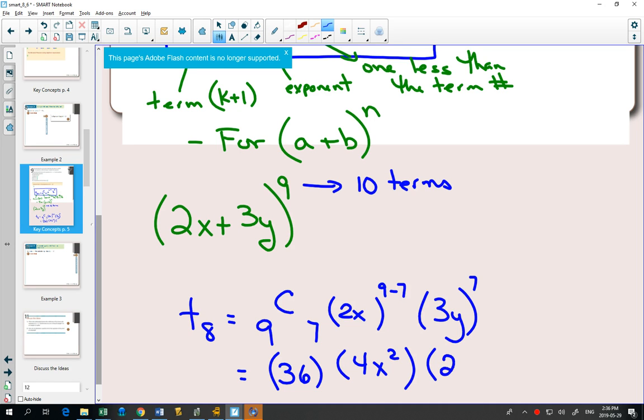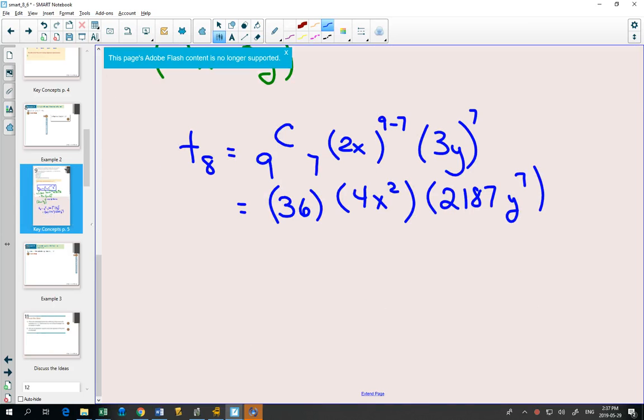Yeah, that sounds better. 2,187 y to the 7. And now we would multiply all of our coefficients together. 314,928 x squared y to the 7. In fact, if you didn't want to use Pascal's triangle in a complete expansion, you could find each term separately and then just write them out all together in the end.